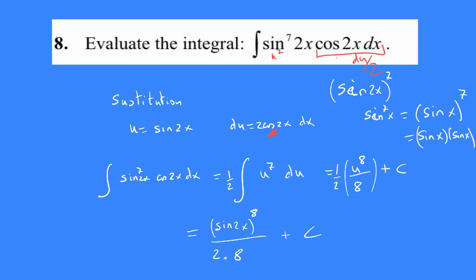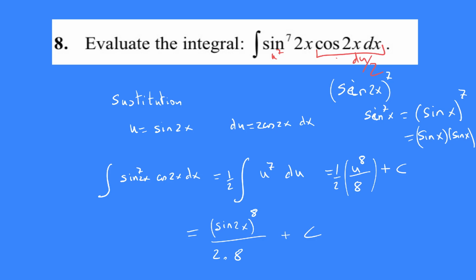In other words, du is 2 cosine 2x dx. So the problem is almost solved. Sine 2x to the 7th is u to the 7th, and cosine 2x dx is du divided by 2.